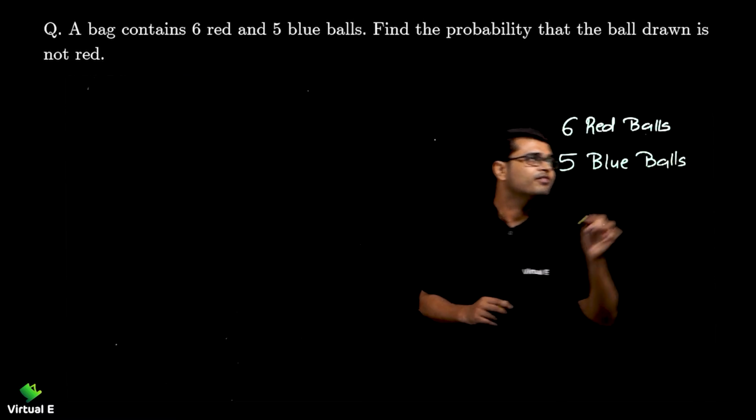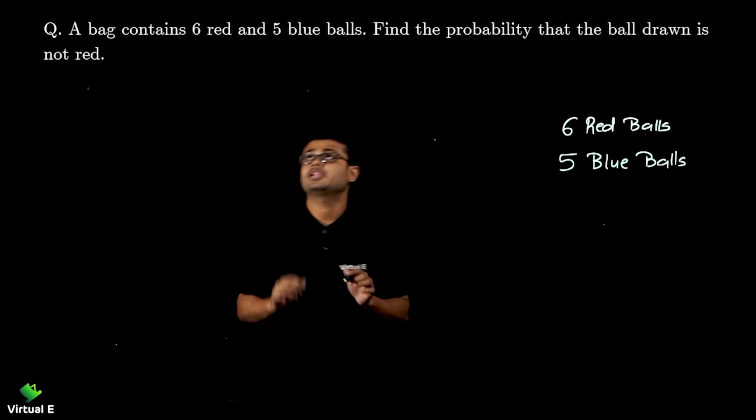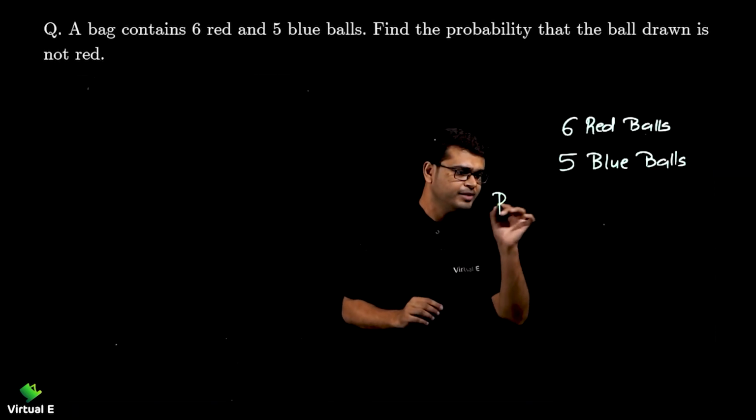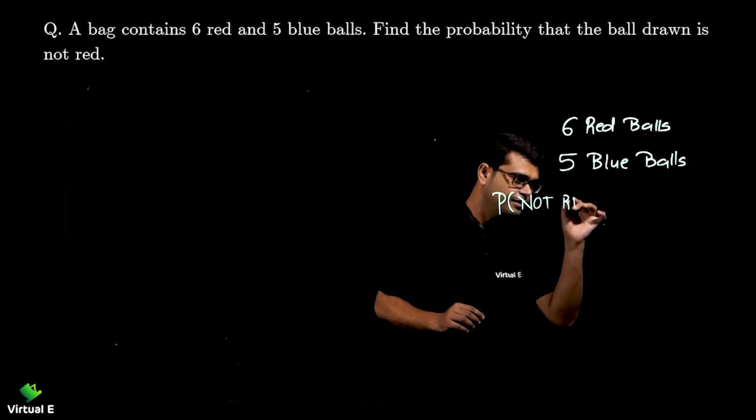Keep noting down the information that you know as soon as you get it. Don't try to digest a whole question at a time. Find the probability that the ball drawn is not red. What do we want to find? We want to find the probability of not red.